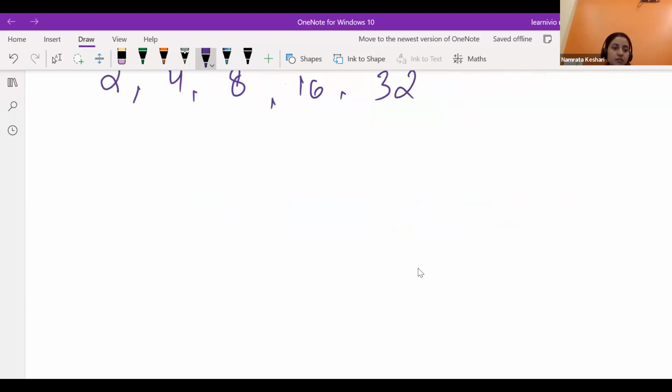Now one of the questions is like this. The Fibonacci sequence is defined like this.